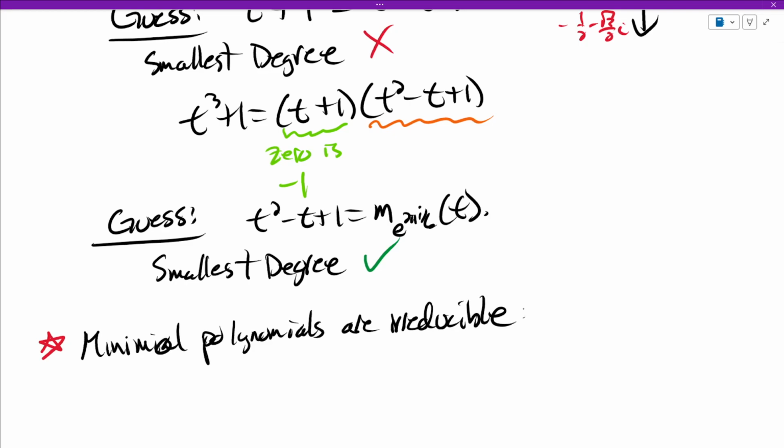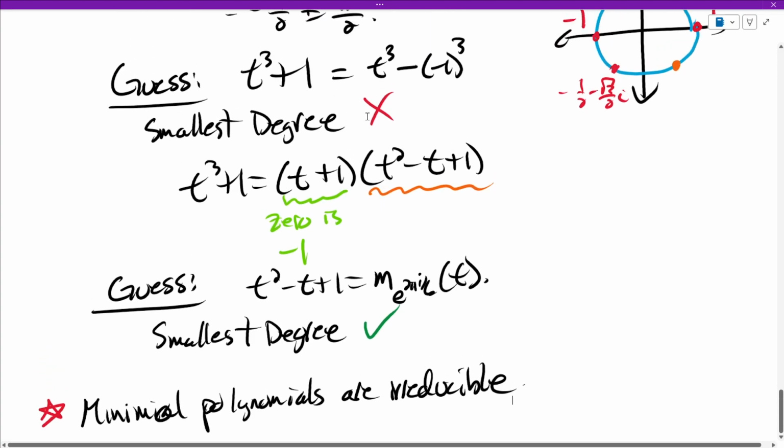In fact, if you thought you had a minimal polynomial and it was reducible, you could factor it, and then that element alpha should be a root of one of the factors, and you would get something of smaller degree. So all these guesses, on the one hand, this is how it works in practice. You have an educated guess, you go and you fix your guess. On the other hand, we learned something. We learned that we need to have, at the end of the day, an irreducible polynomial as our minimal polynomial.